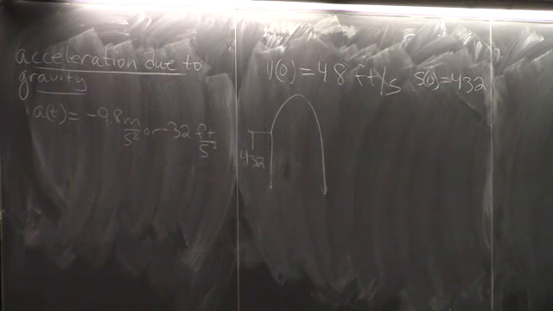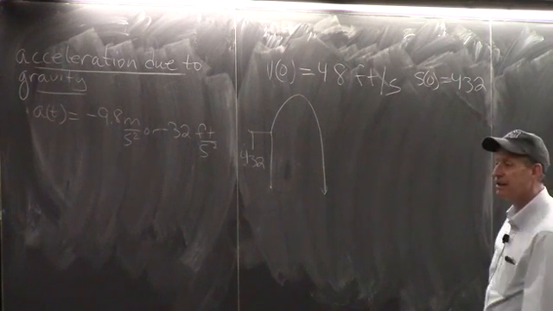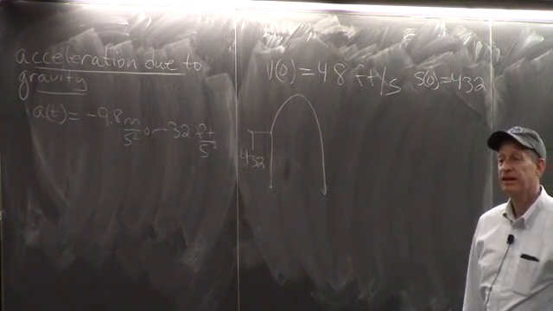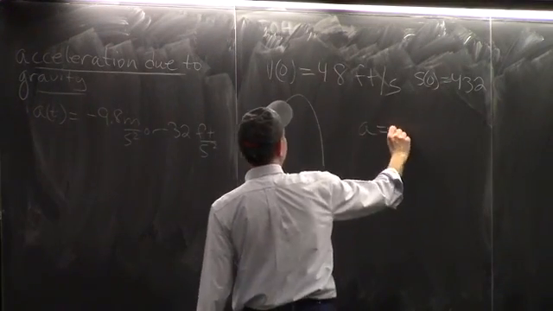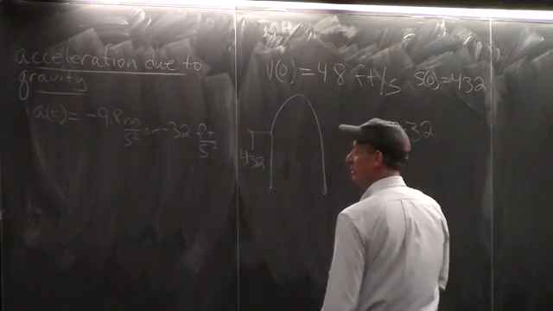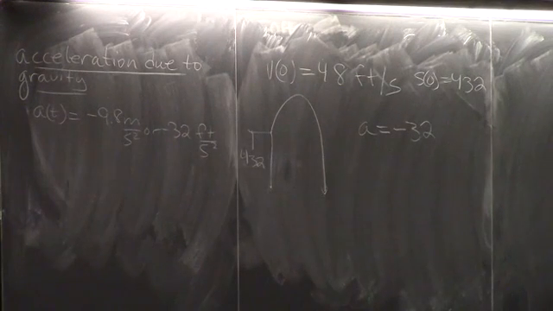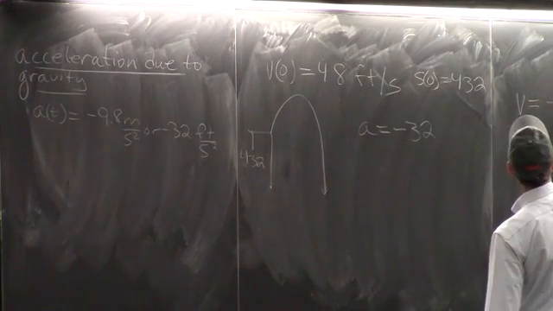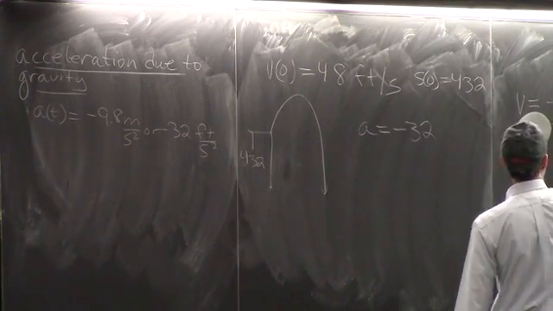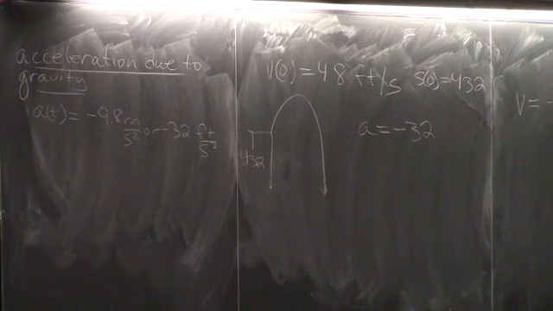What time does it hit the ground? Well, you said I didn't sign up for physics class. I know, but here you go. The acceleration is negative 32. So if we want to find the velocity, you just take the antiderivative. The velocity is negative 32t plus a constant.